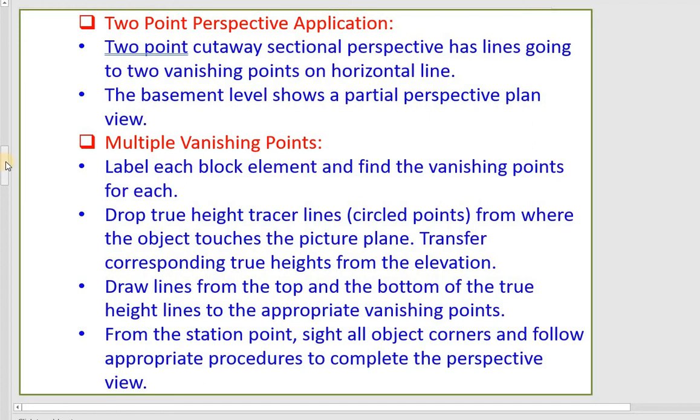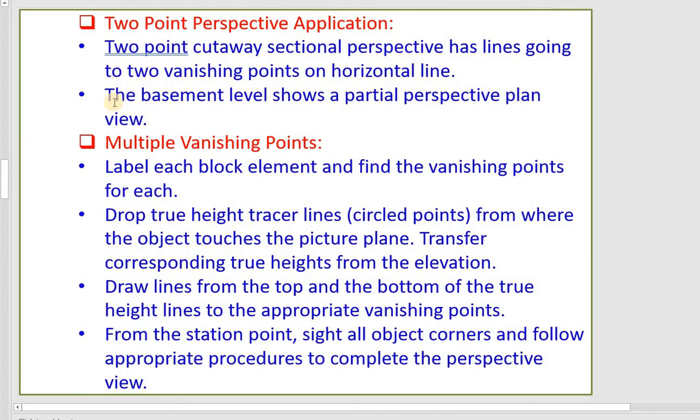So now we have more things you need to be familiar with. They call that the two-point perspective application. That is the two-point cutaway section perspective when you cut the building, and you can draw that line on the vanishing point horizontal line. The basement level shows part of the perspective plane view.